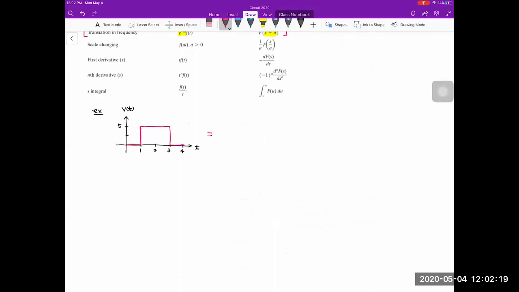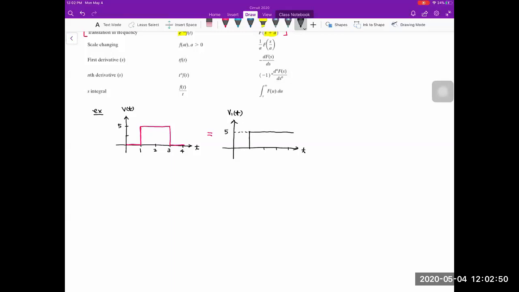I can represent this in terms of two different graphs. The one graph is this. This graph starts from 1 and it will have a value of 5 and go over to the end.